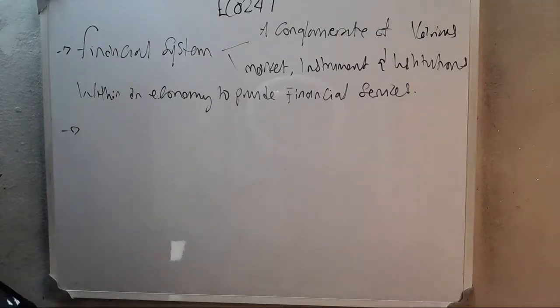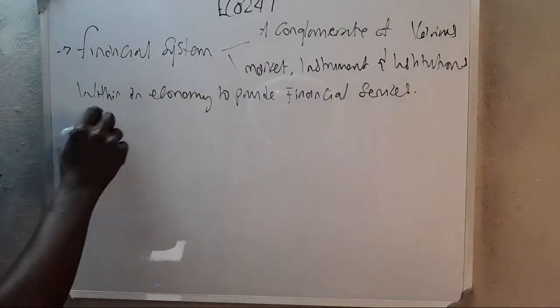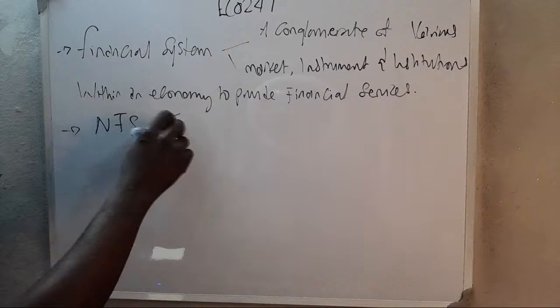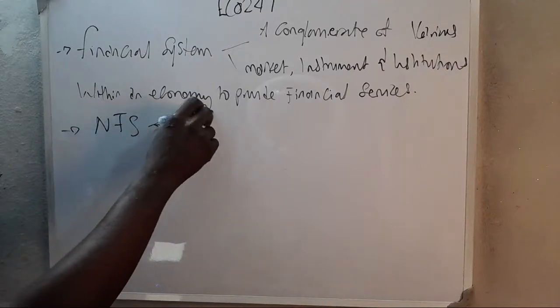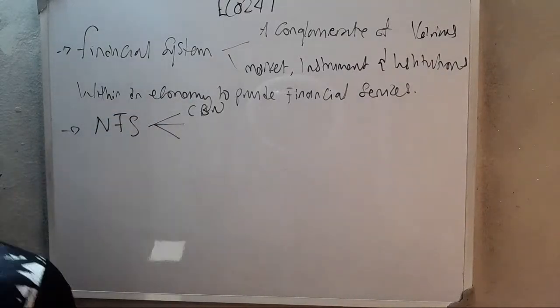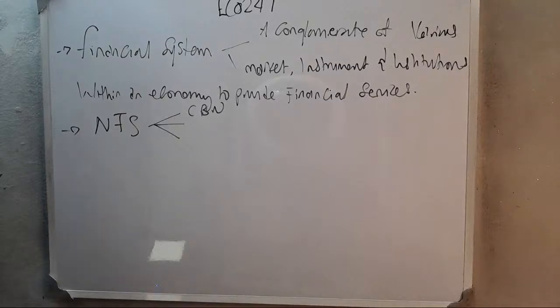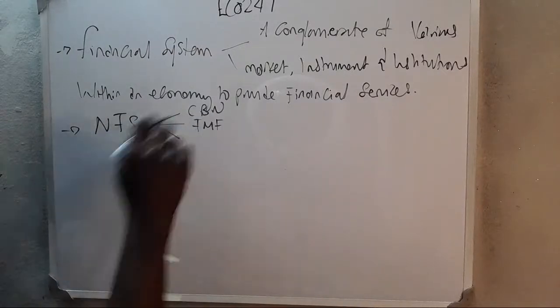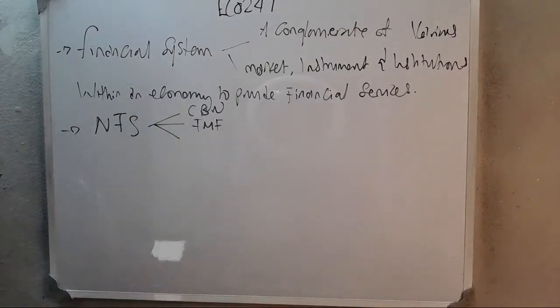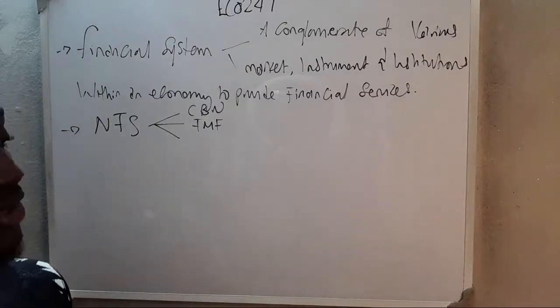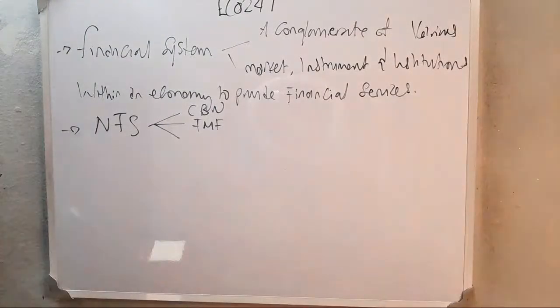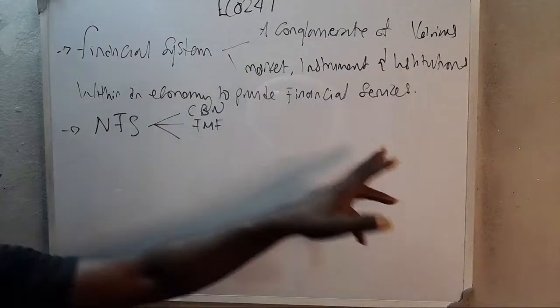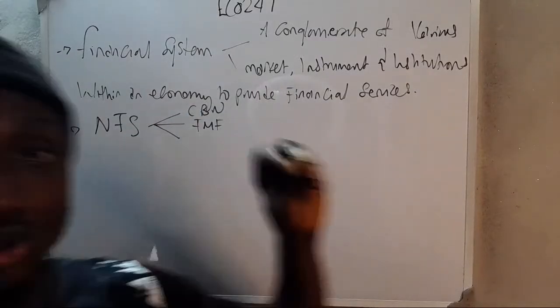Now, speaking of the Nigerian financial system itself, it is made up of the Central Bank of Nigeria, that is the CBN. We also have the FMF, the Federal Ministry of Finance. So every institution, their apex body, consists of markets, instruments, and institutions.